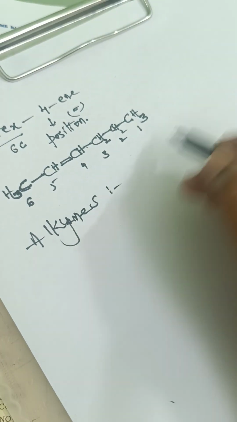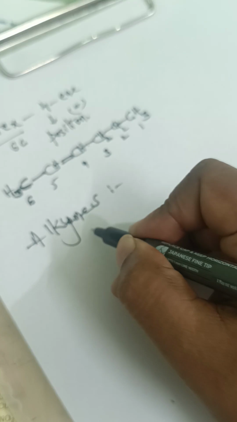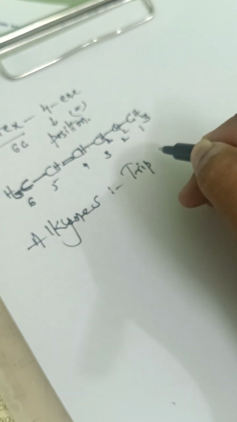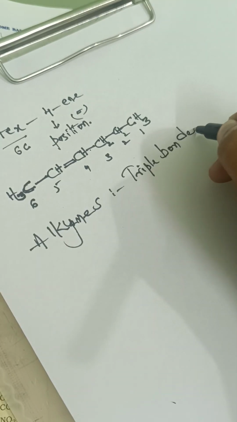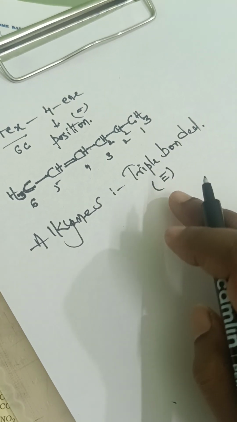Alkynes. These are unsaturated, triple bonded compounds. That means you will have a triple bond between two carbon atoms.